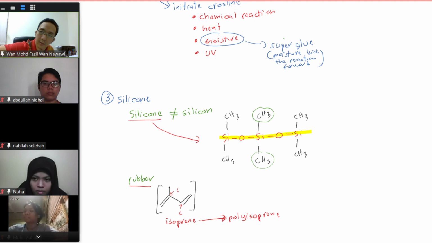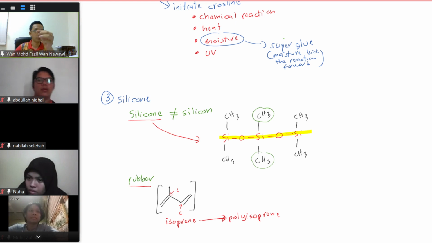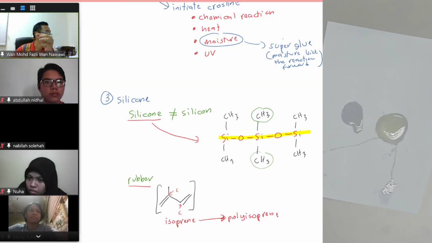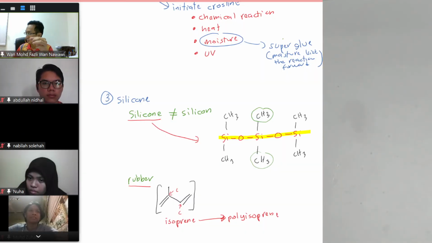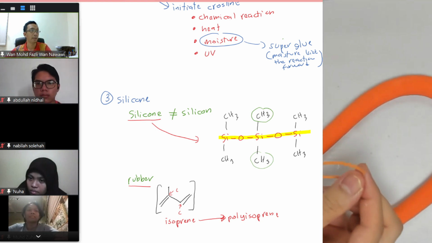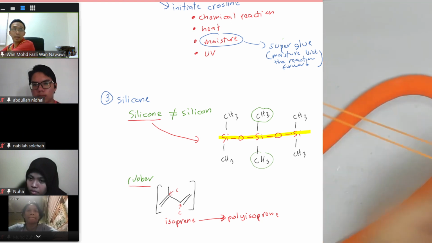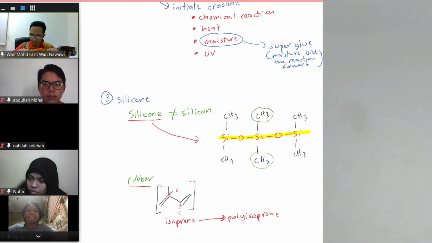this is an example of silicone. It's like rubber. Rubber has this elastic property, so both of these have elastic properties.